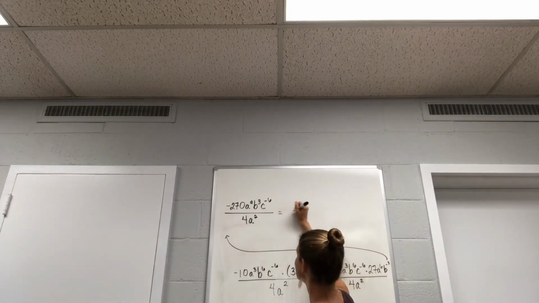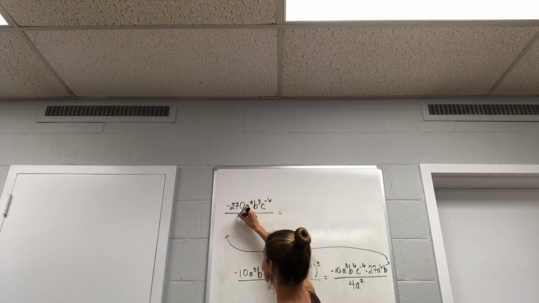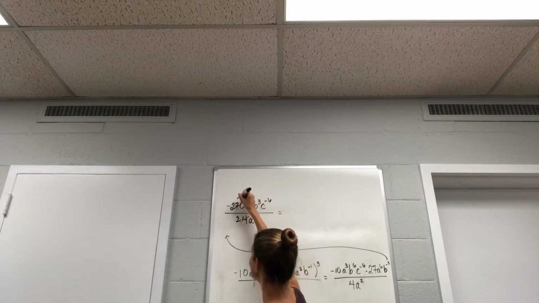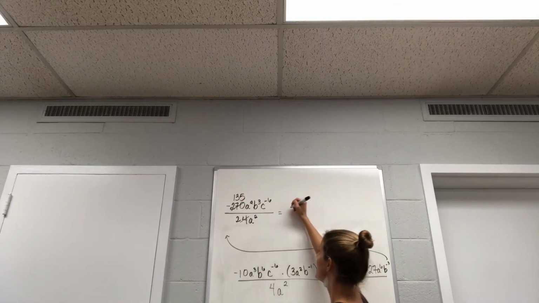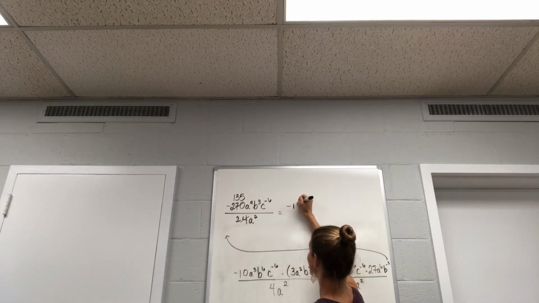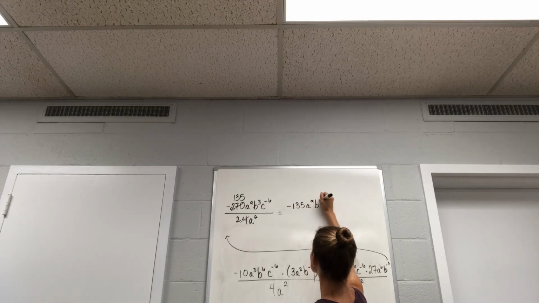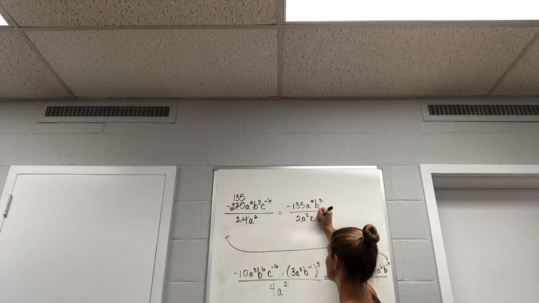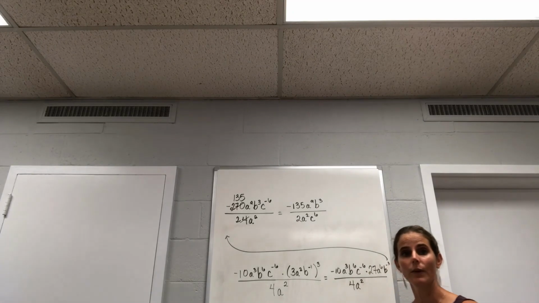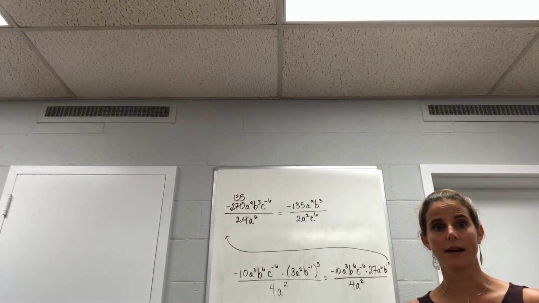So I'm going to do both of these in one step. 2 goes into 4 twice, and into 270 135 times. So that's going to leave me with still negative out there, negative 135. A to the 9th, b to the 3rd, and then all over 2a squared, and now this is going to be a c to the positive 6. When I take the reciprocal of that base and bring it down, it is positive.